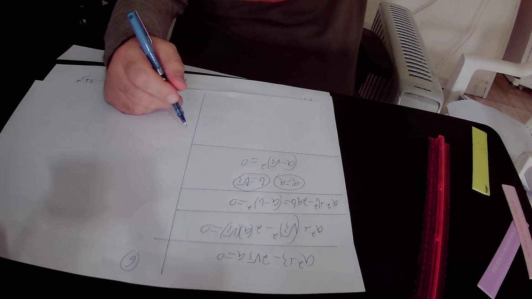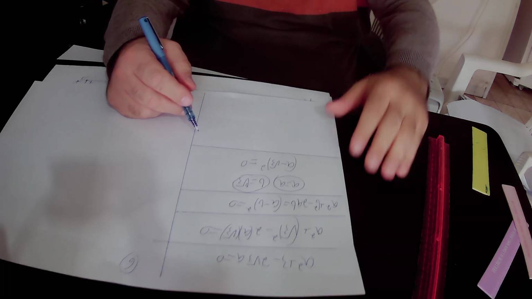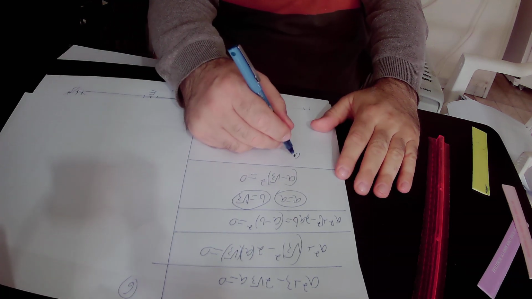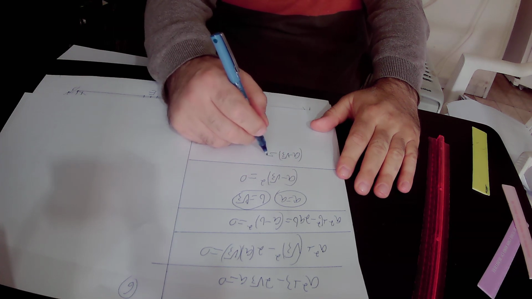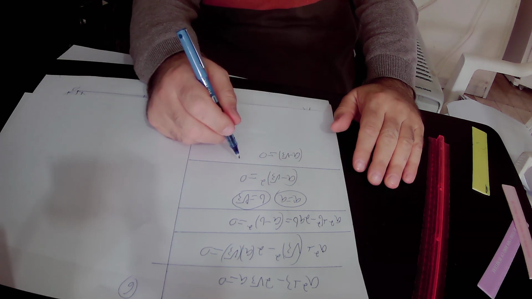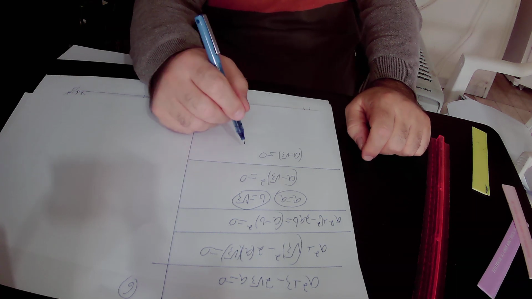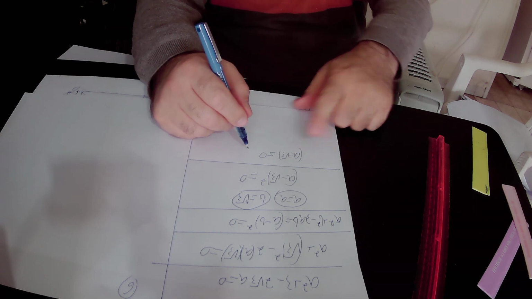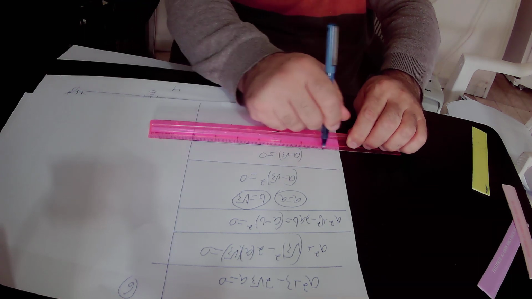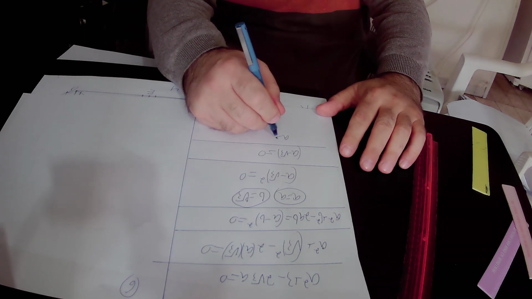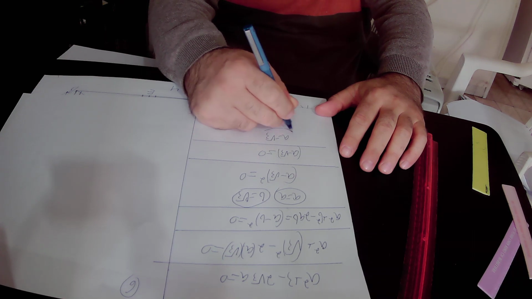We will take a root out of this equation and we will get that a minus square root of 3 equals 0 because the square root of 0 is 0. We will add to this equation square root of 3 and we will get that a equals square root of 3 units.